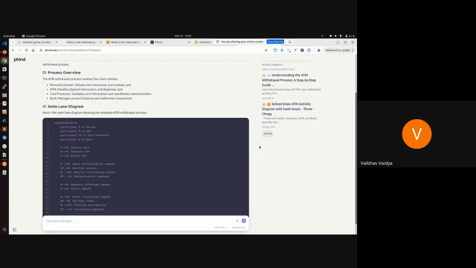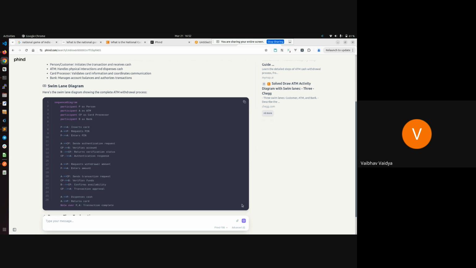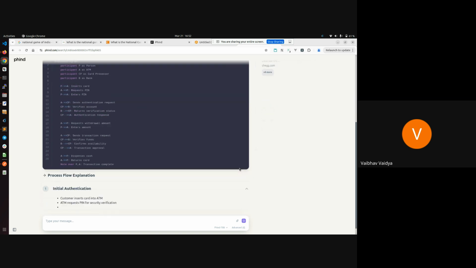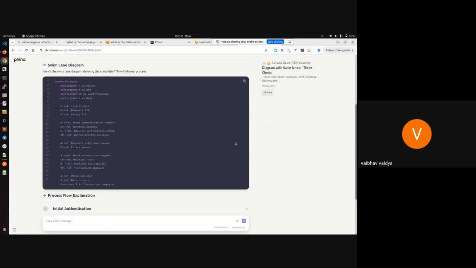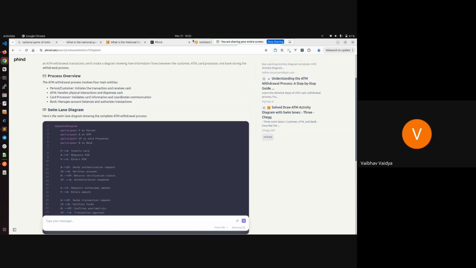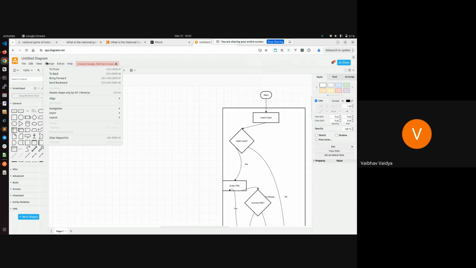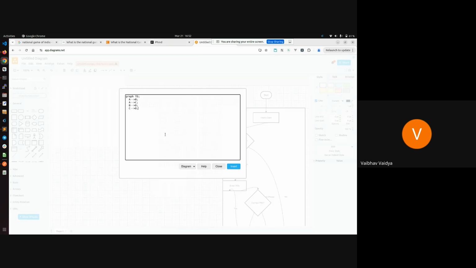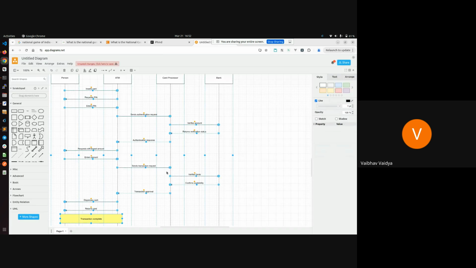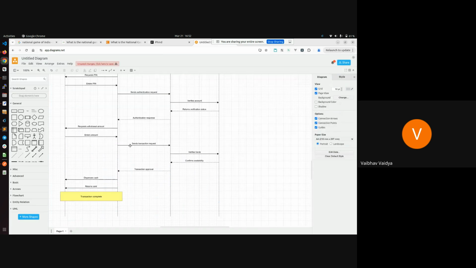Okay, so generating this for me, let me see if I can switch it to a different view. Again, I got the code. Again, what I can do is go to Arrange, Insert, Advanced. Again, I know this is a Mermaid thing, and I get this swimlane diagram.